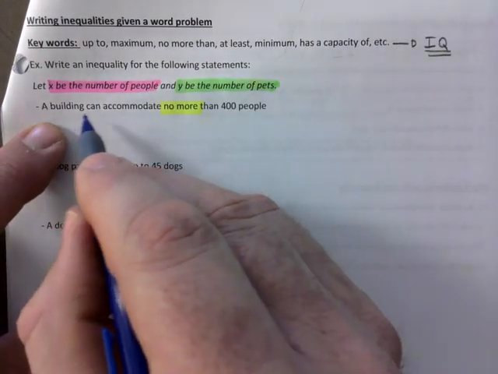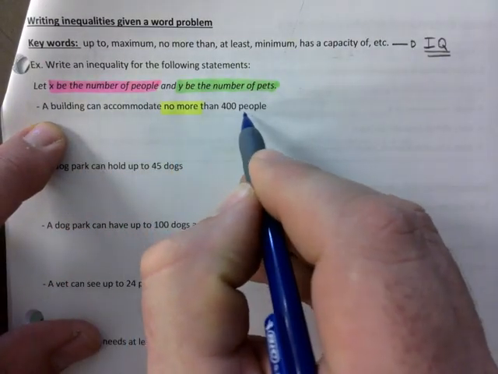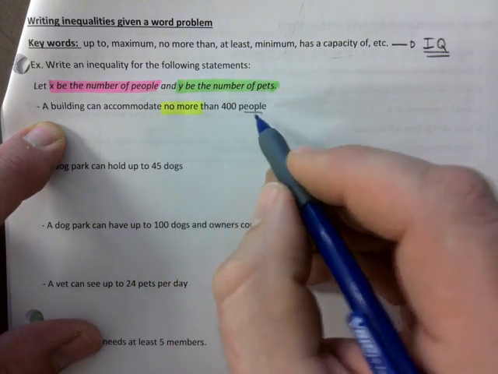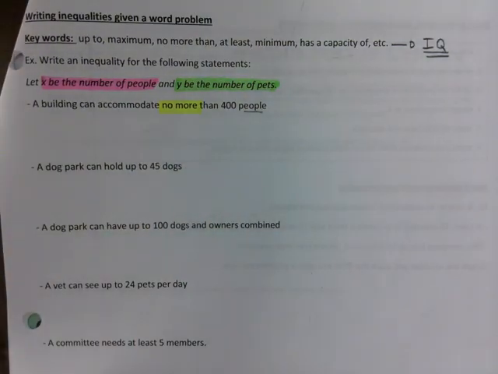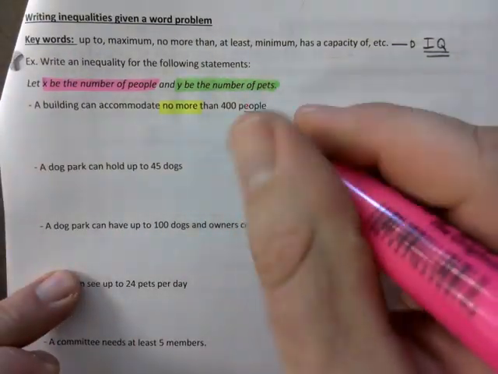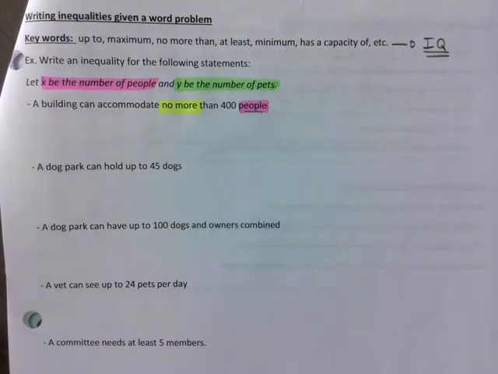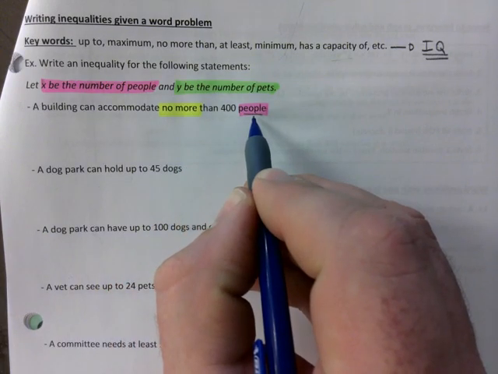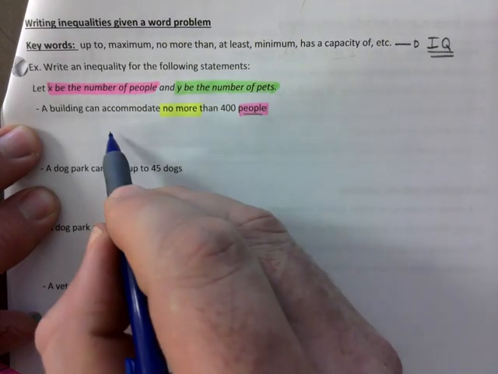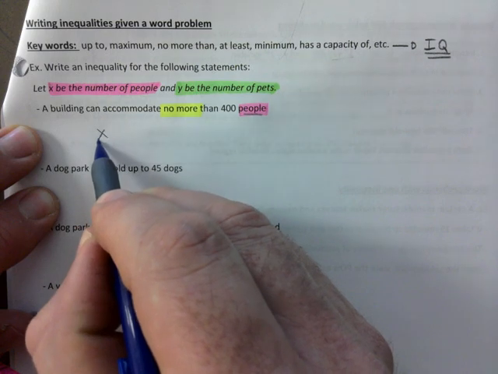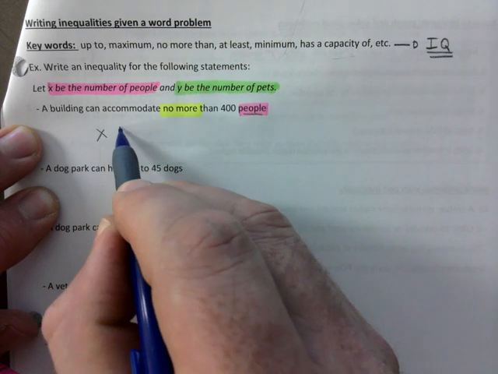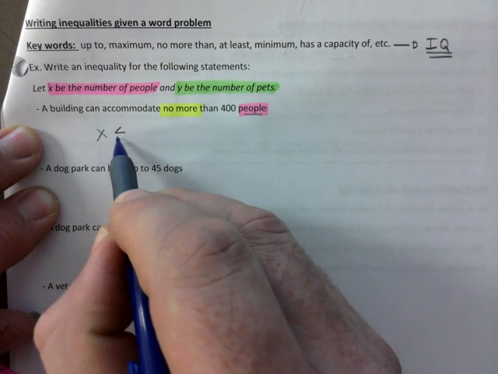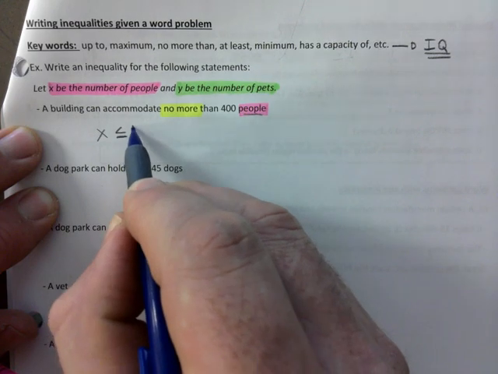So here, 400, we're talking people. So people would be X, right? Can I just highlight that as well? So this indicates inequality. This is the variable we're going to use. So that we will say that the number of people can be no more, okay, than 400.